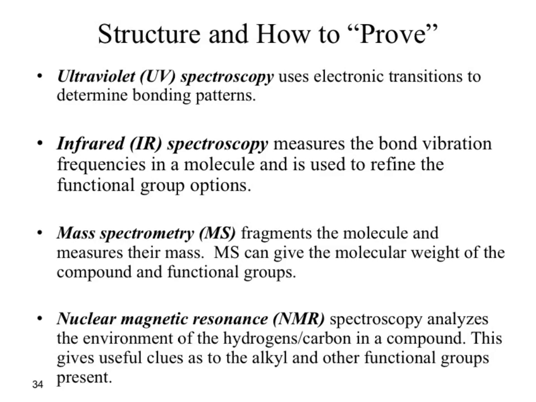So, UV, what we're doing is electronic transitions to determine something about our bonding patterns. So ultraviolet light is enough to cause electrons to jump energy levels. Okay? So we just record what energy it jumped. Okay? That gives us some information about the orbitals, which gives us information about the structure. IR, we use infrared light. Okay? Ultraviolet causes electrons to move.